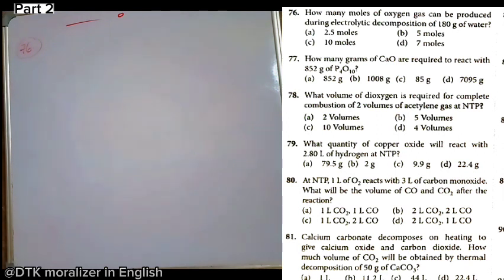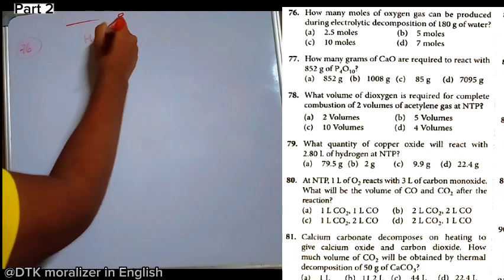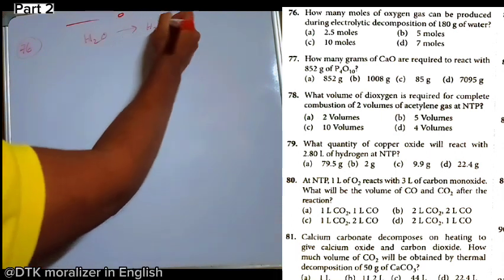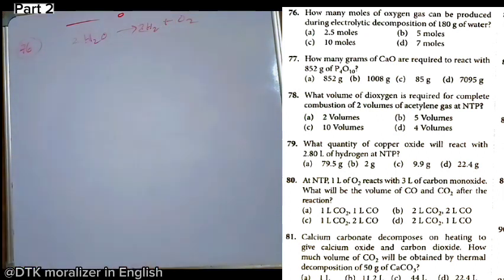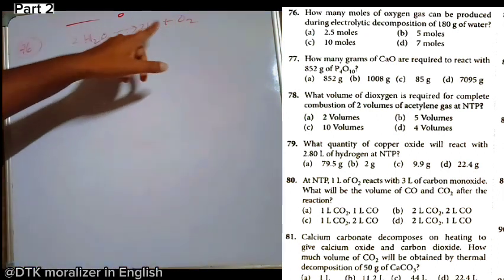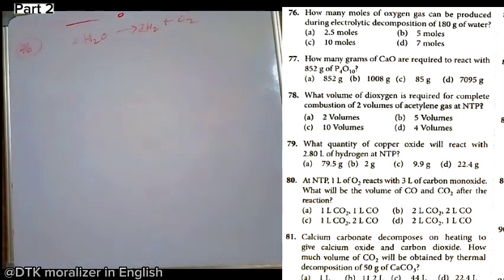Now question number 76. How many moles of oxygen gas can be produced during electrolytic decomposition of 180 grams of water? Electrolytic decomposition is like water splitting. Here 2H2O gives 2H2 plus O2.